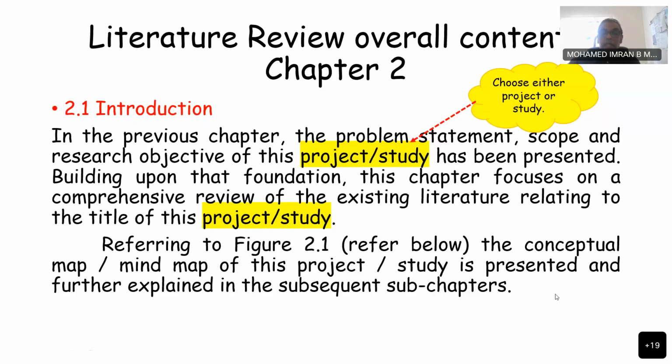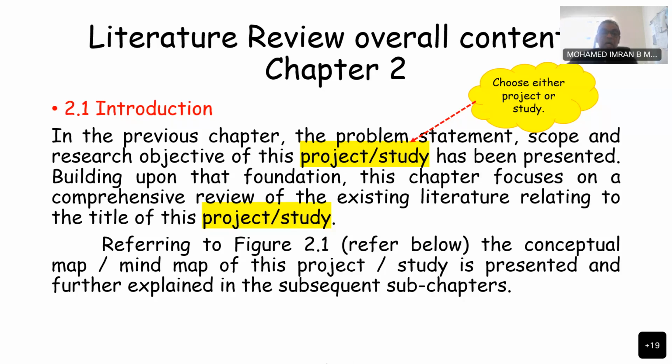And then you continue by saying, referring to figure 2.1. Why do we say refer below? This is where you are going to present the conceptual map of your study, of your project.